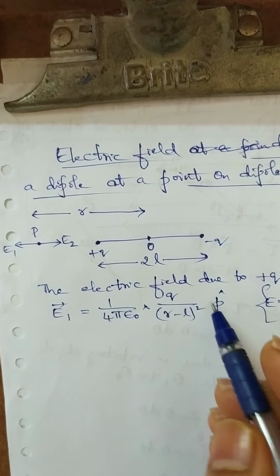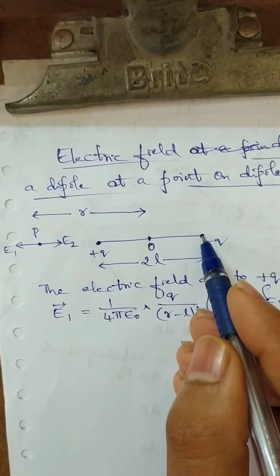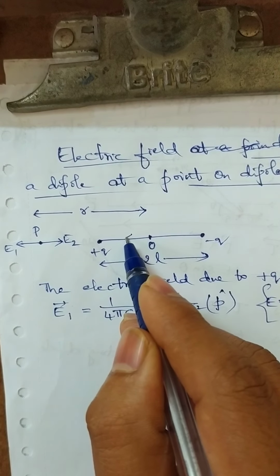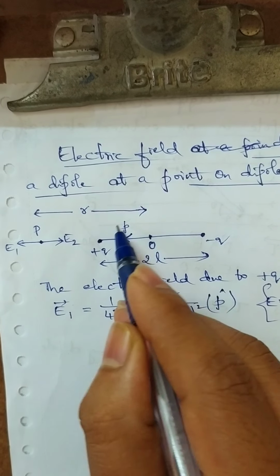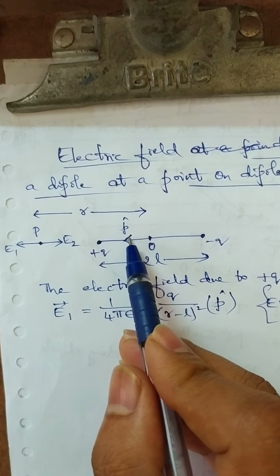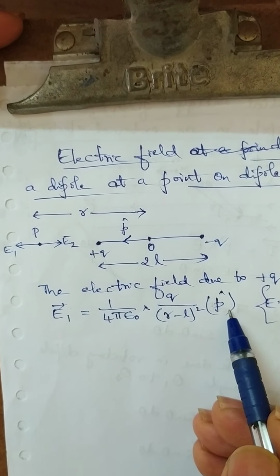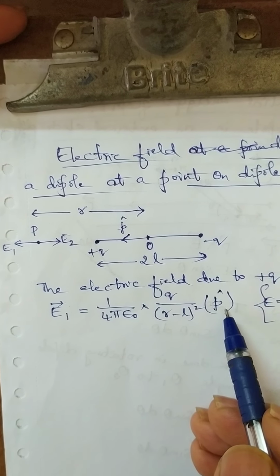Why is P cap positive here? The dipole moment direction is always from the negative charge to the positive charge, and the electric field E1 is in the same direction as the dipole moment, so I have taken the positive unit vector.